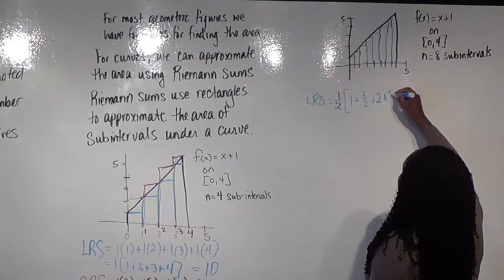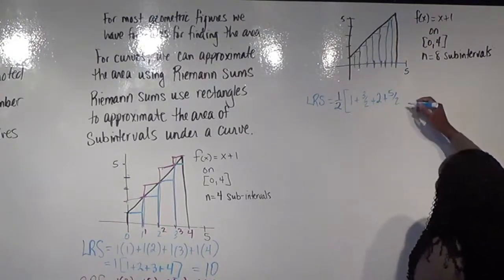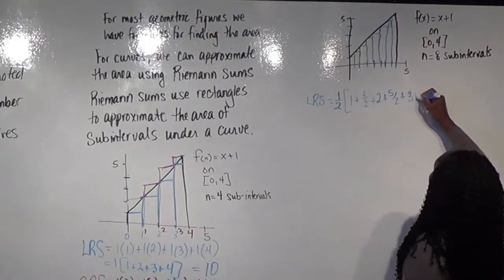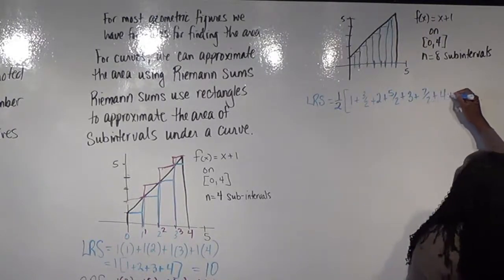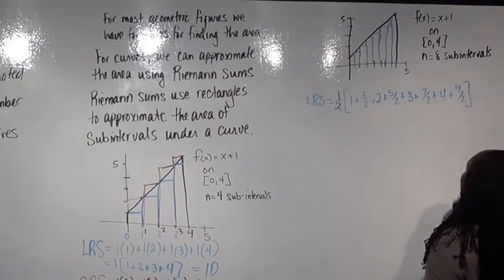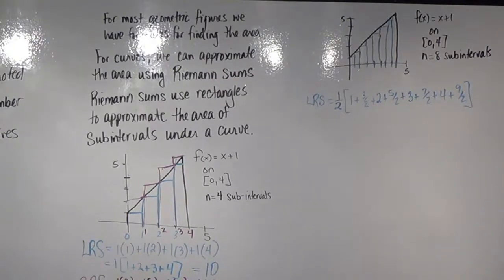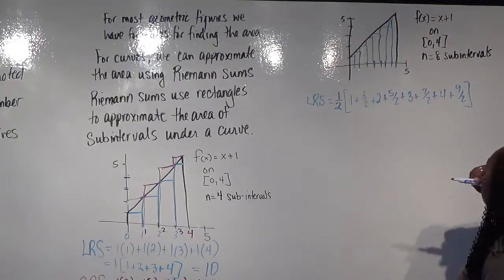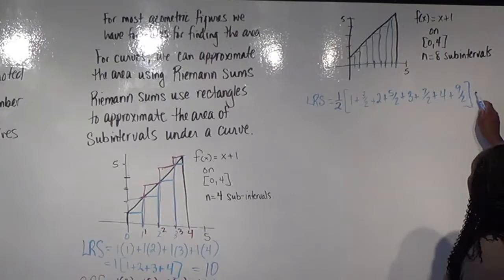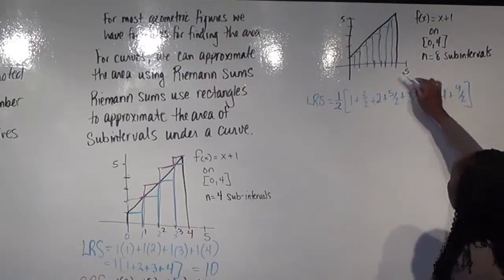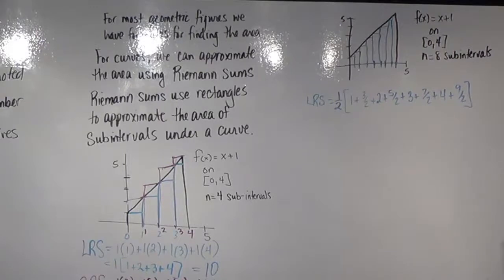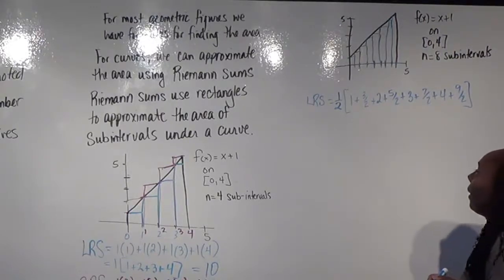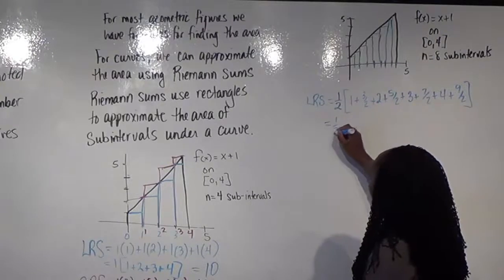And I can keep going until I have my 8 points. The next one would give me a value of 5, which would mean I'm at the 4, but that's the right-hand endpoint. Same thing, I'm going to go ahead and add this all up.